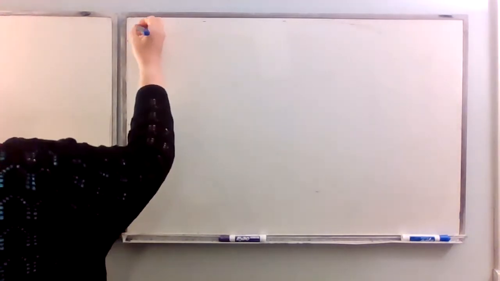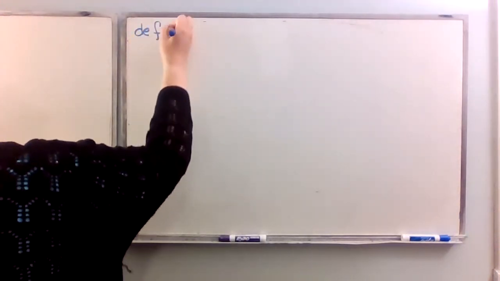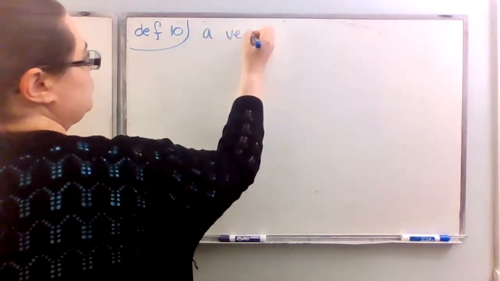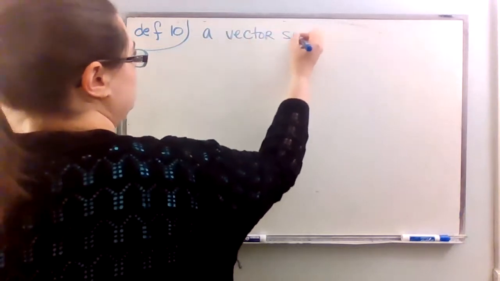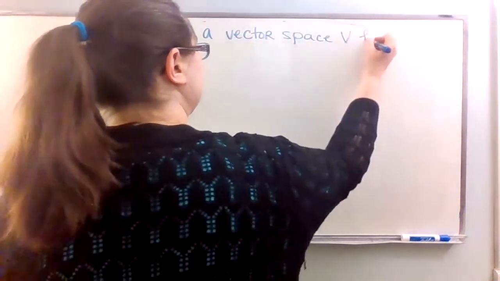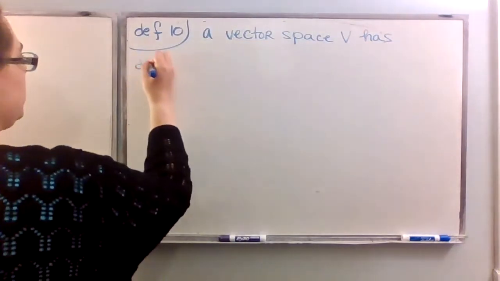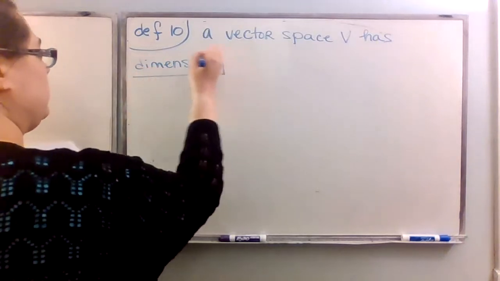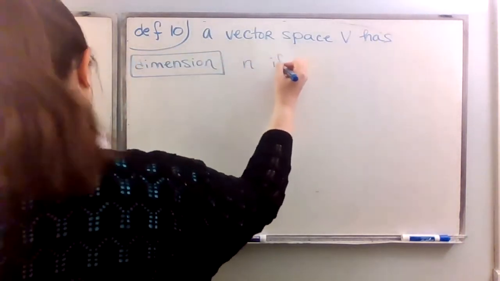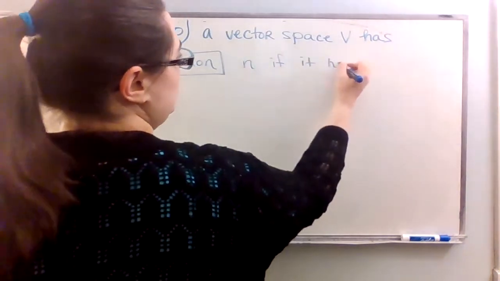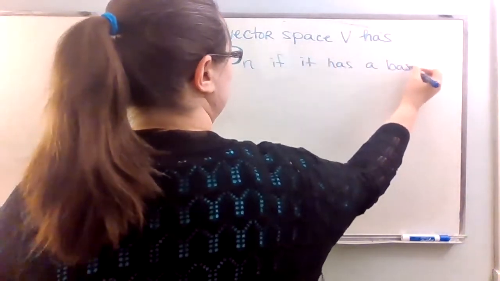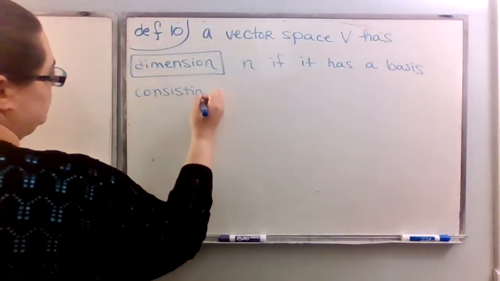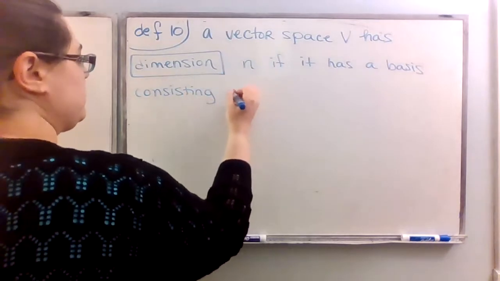So this is definition 10. A vector space V has dimension n if it has a basis consisting of n vectors.